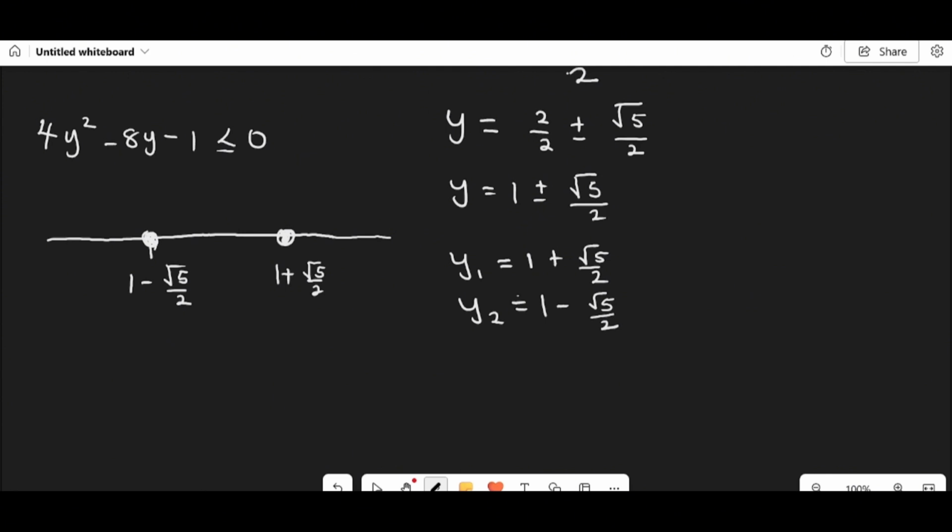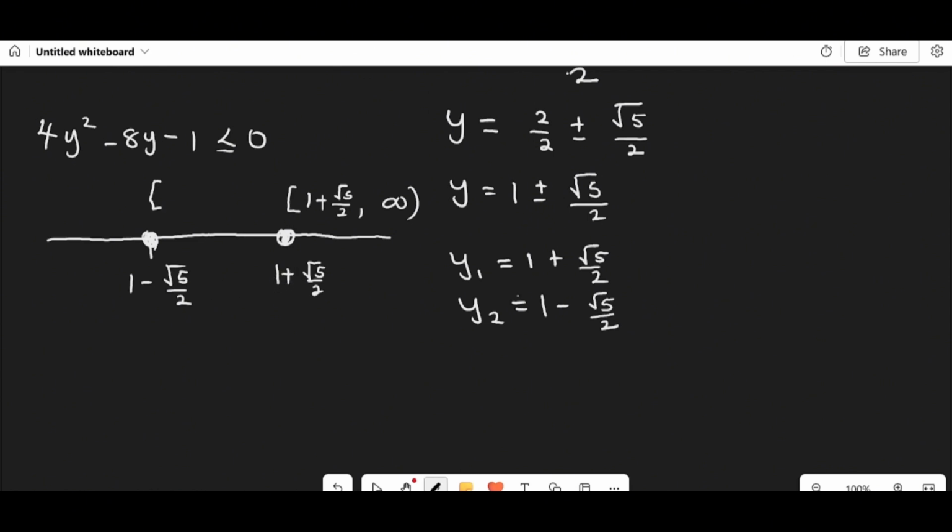This region from here to here, we use square brackets because the endpoint is inclusive: 1 plus root 5 over 2 to positive infinity. For this interval, the endpoints are this and this, so they are inclusive.